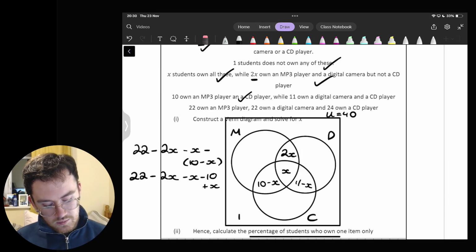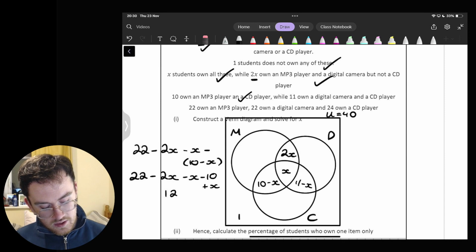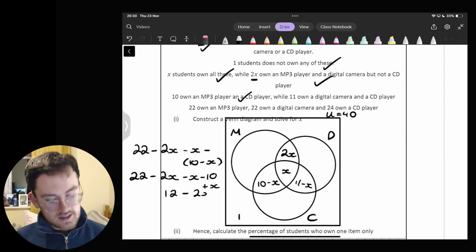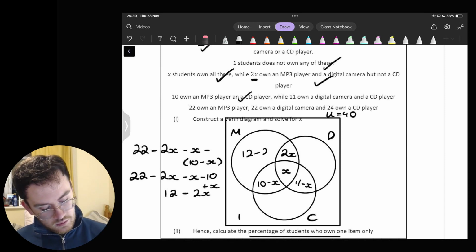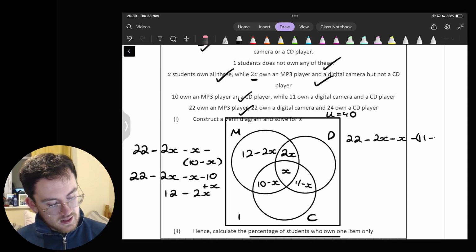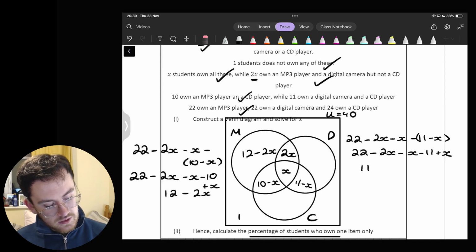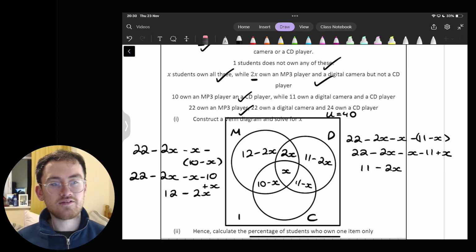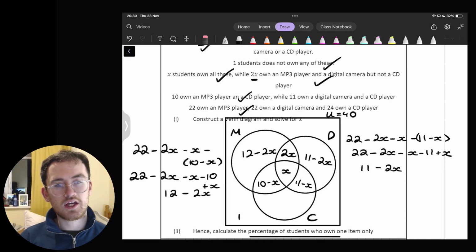So we get 12 minus 2x for MP3 player only. 22 own a digital camera, so taking my 22, I take away 2x, I take away x, and using our same rule again, taking away 11 minus x, so it's 22 minus 2x minus x minus 11 plus x, so we get 11 minus 2x.